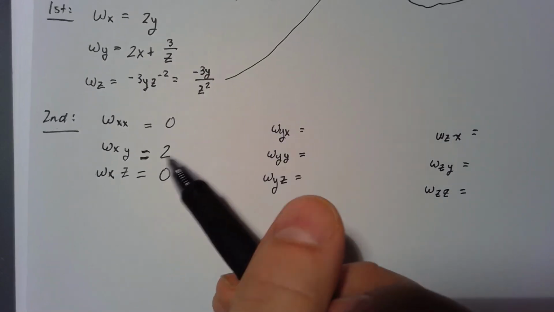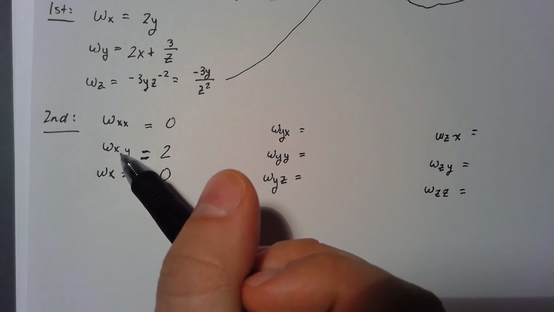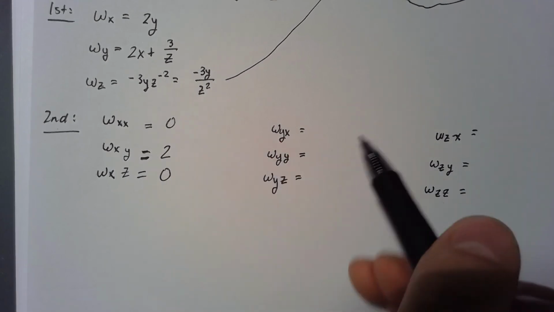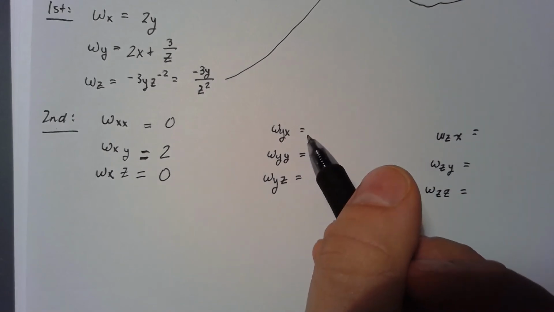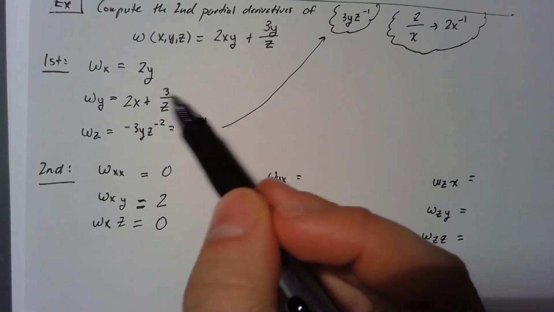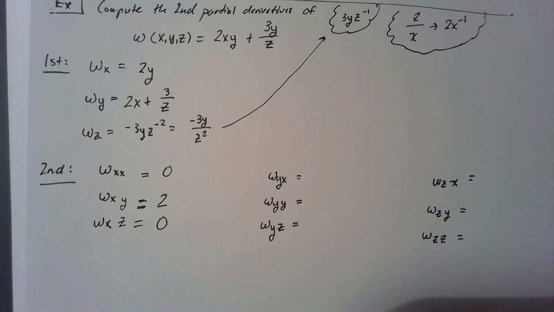So the partial with respect to x and y, I could say yx, which is right here, could also be 2. You could either go through it yourself, or you could use the mixed derivative theorem, or Clairaut's theorem, to see that.